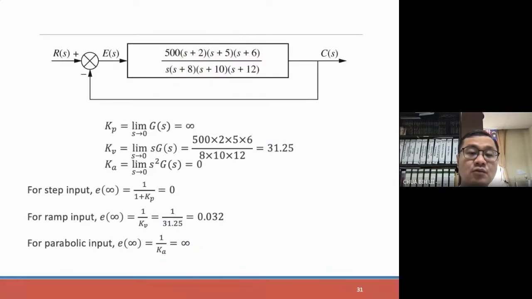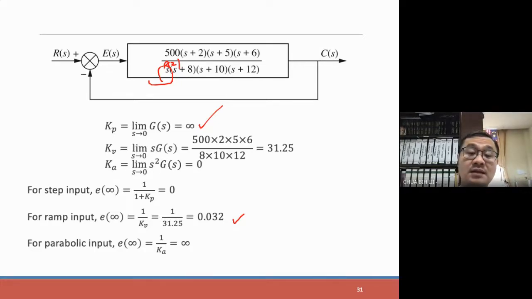Now when we start to change n to 1, what occurs is that Kp now becomes infinity, which means the steady state error would be 0. Kv would be a finite value, which means the error would be a finite value.